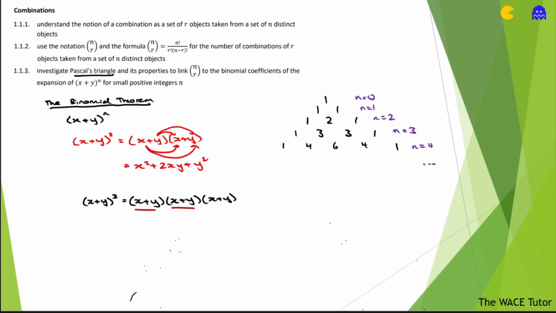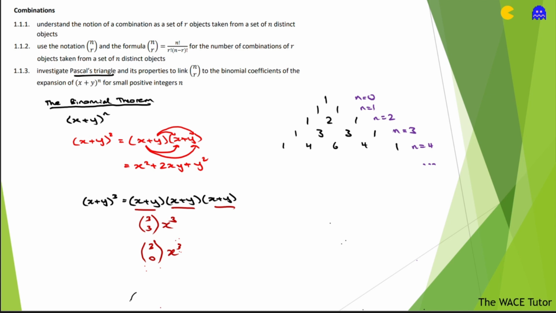We have 3 different places we have x's. And so, if we want to multiply that, we have 3 different places we can choose an x from, and we want to choose 3 of those x's. So we have x cubed. Similarly, we could refer to that as not choosing any of the y's. We have 3 y's to choose from, we don't choose any of them, and so we get this.